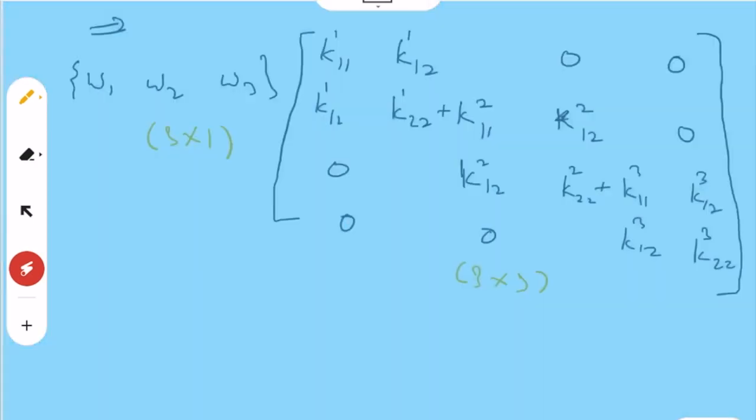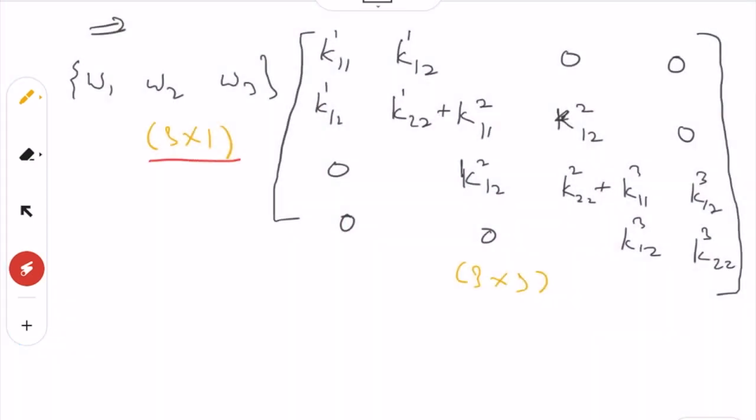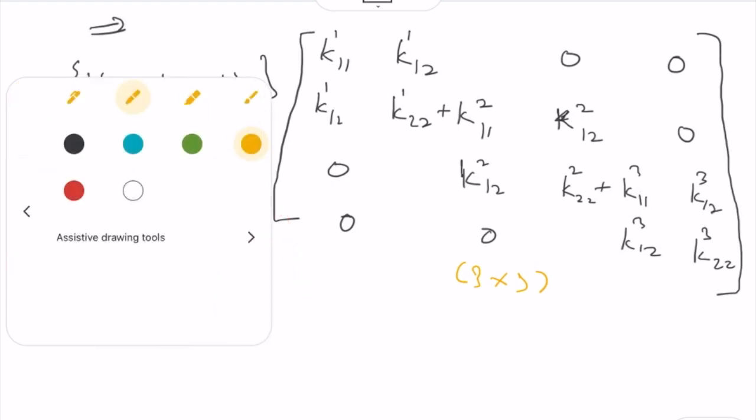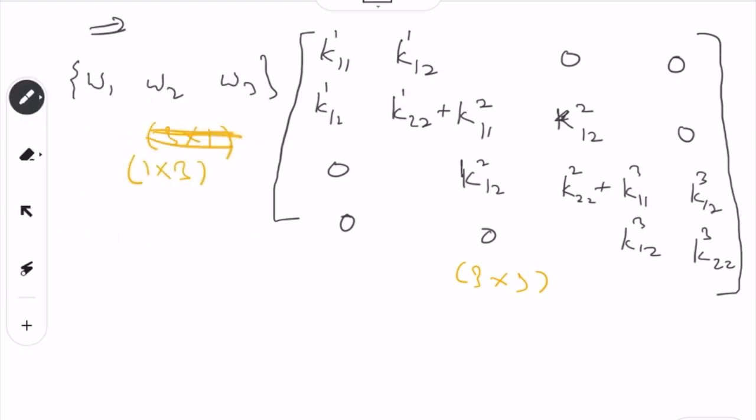Sorry, this is not 3 by 1 but 1 by 3, and multiplied by 3 by 3 it is 1 by 3 only. So we need something to multiply with, which has to be 3 by 1, so that the result is a scalar.